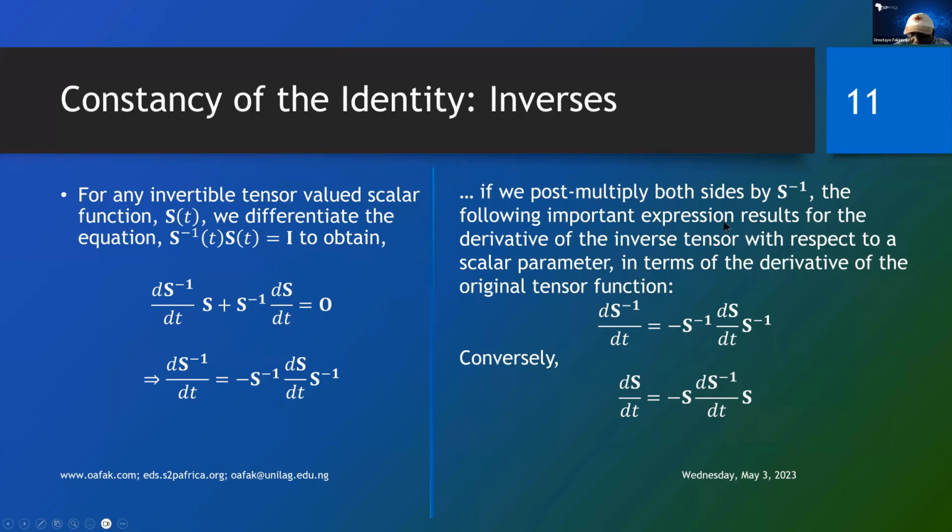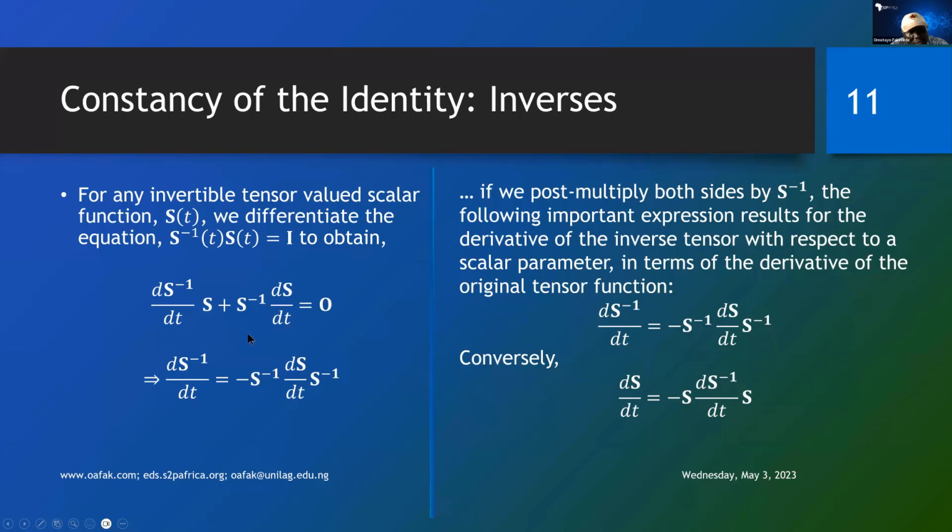That is, if we multiply both sides by S inverse, the following important expression results for the derivative of an inverse tensor with respect to a scalar parameter in terms of the derivative of the original tensor function. Conversely, we can also get the derivative of the function itself in terms of the derivative of its inverse.